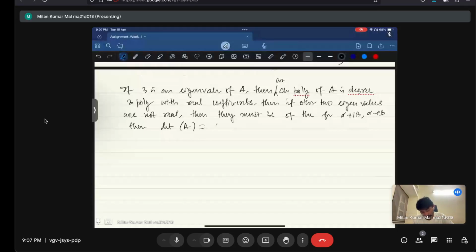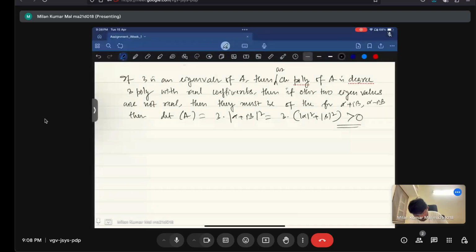But the question asks that the determinant of A is negative. That contradicts the fact that the determinant of A is negative.